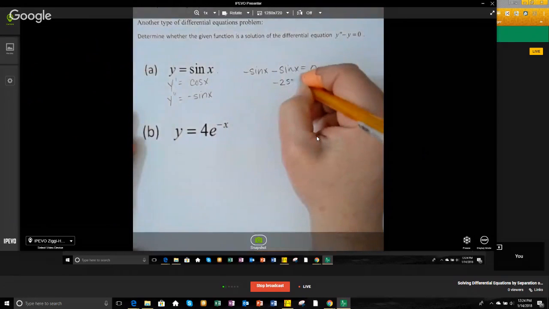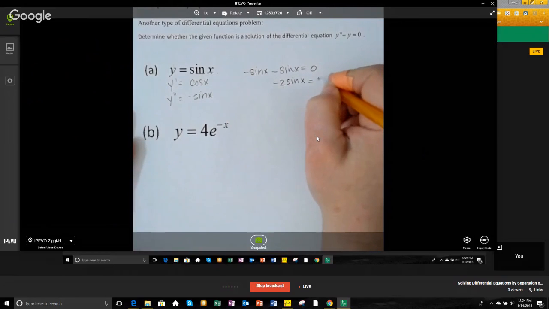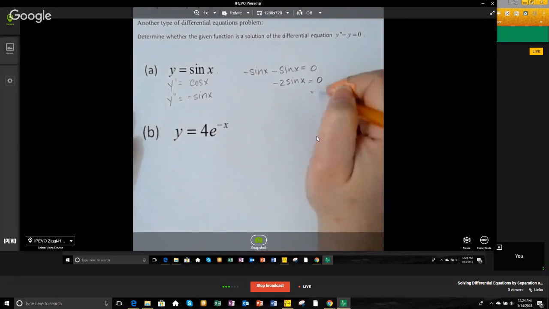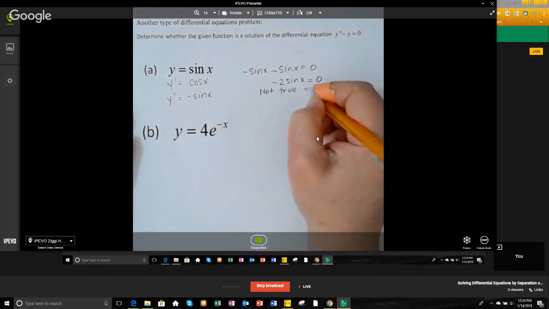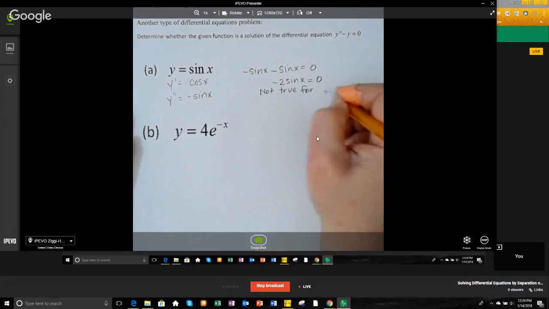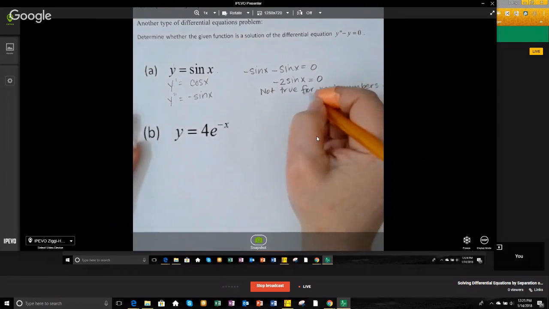This is negative 2 sine x equal to 0. Now, this isn't true. So this is not true for all real numbers. But it is true for some real numbers. When will it be true?